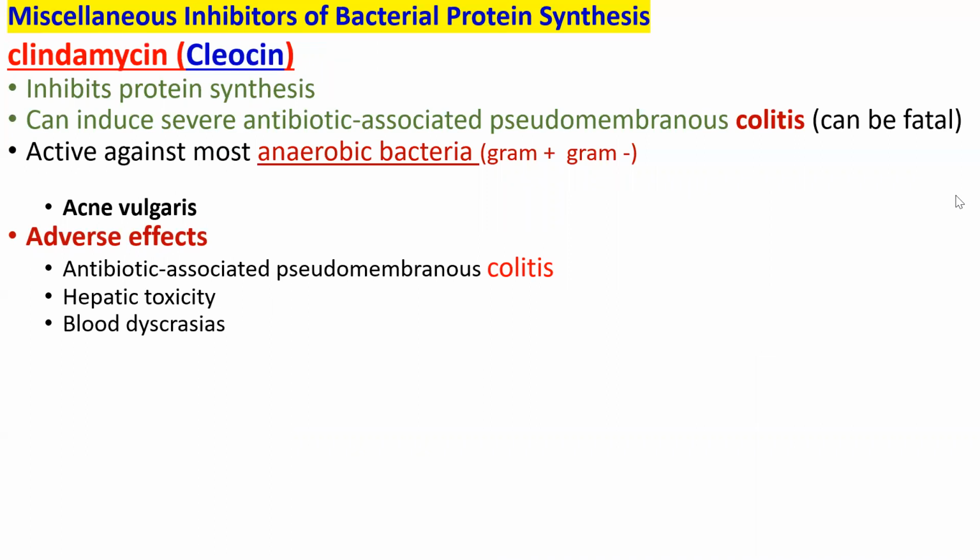Clindamycin inhibits protein synthesis. It can induce severe antibiotic-associated pseudomembranous colitis, and that can be fatal. The drug is very active against aerobic gram-positive and gram-negative bacteria and anaerobes, and it's usually indicated only for certain anaerobic infections located outside the CNS, central nervous system.